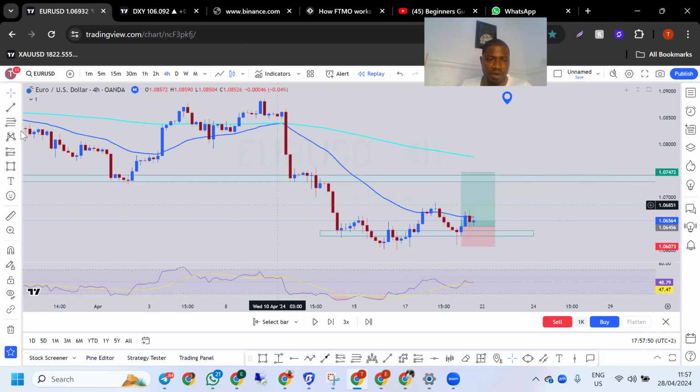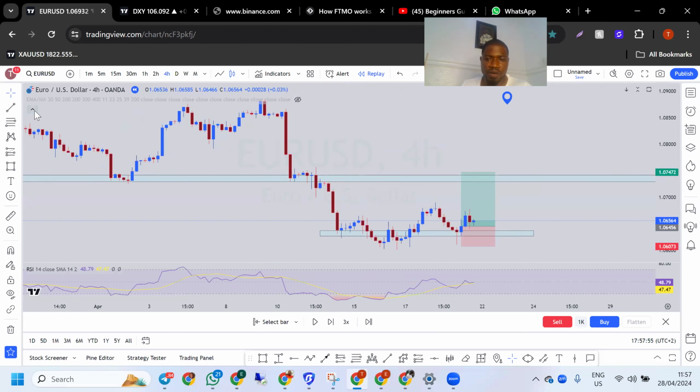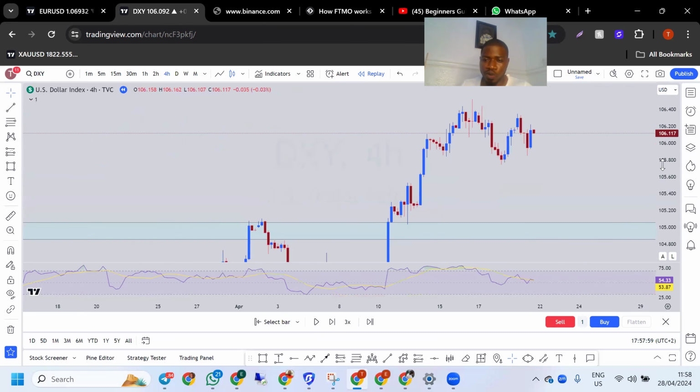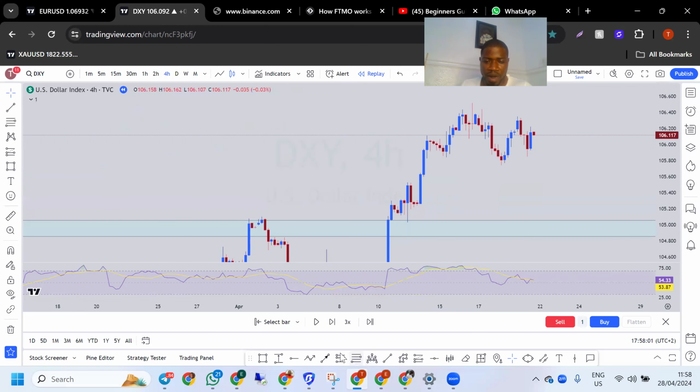Let me delete all these stops. Let me back out. So this is exactly why I know that market must move. You can see our market structure here. Our market structure on DXY on 4-hour time frame is trading higher high, higher low, higher high, then we will have this lower low, lower high.